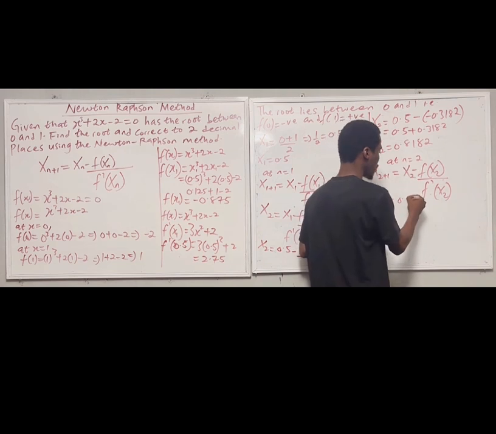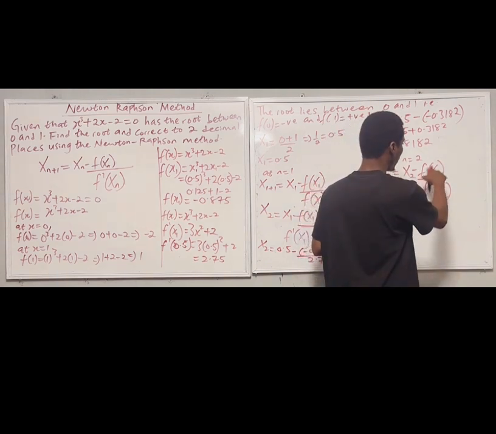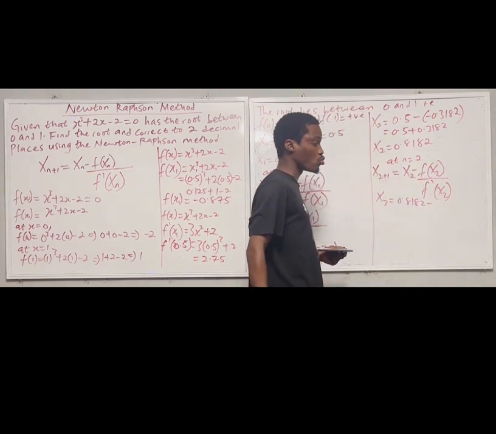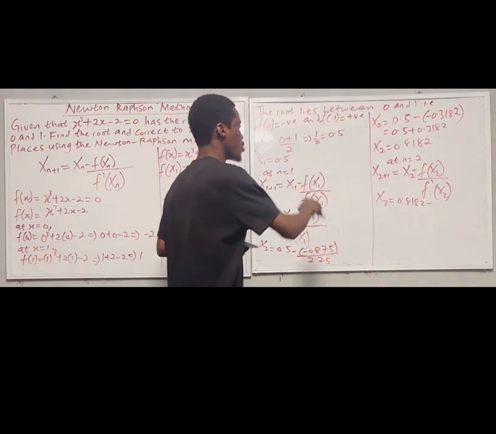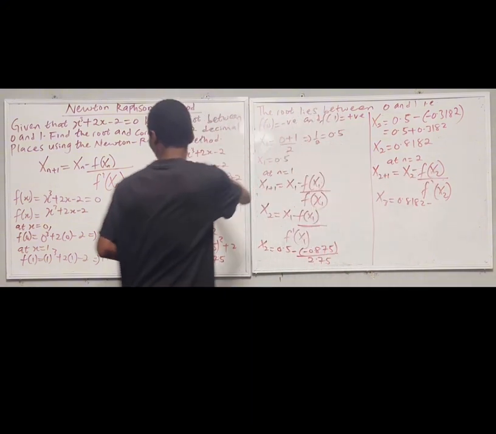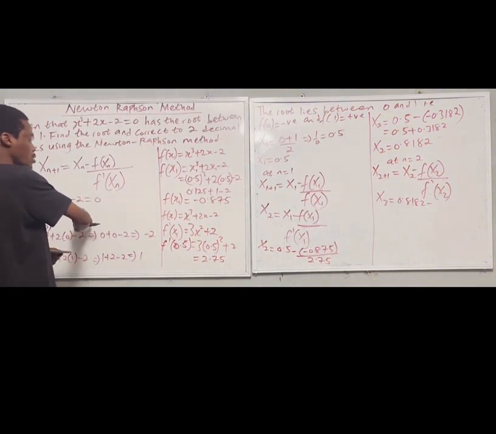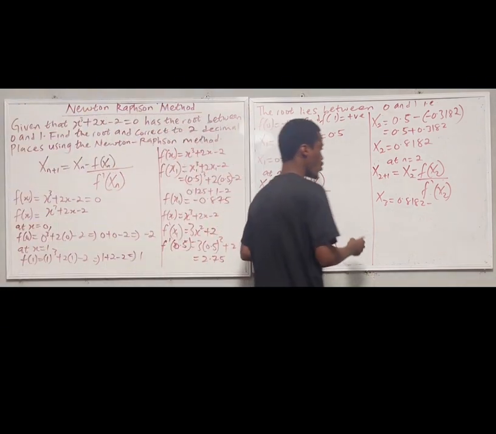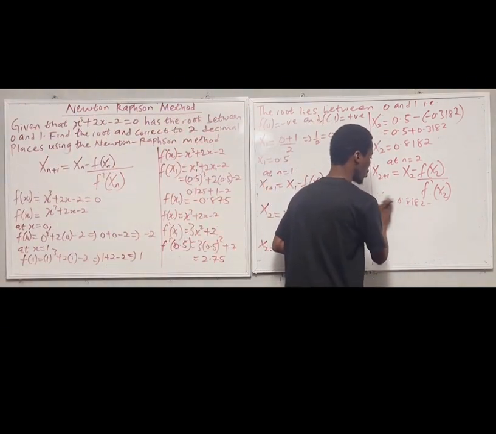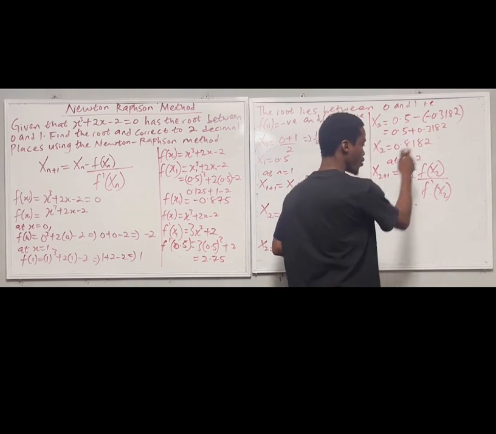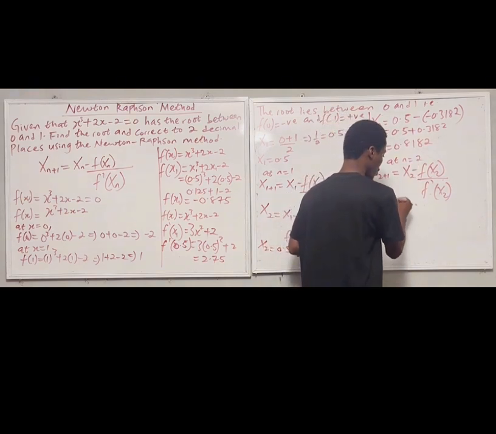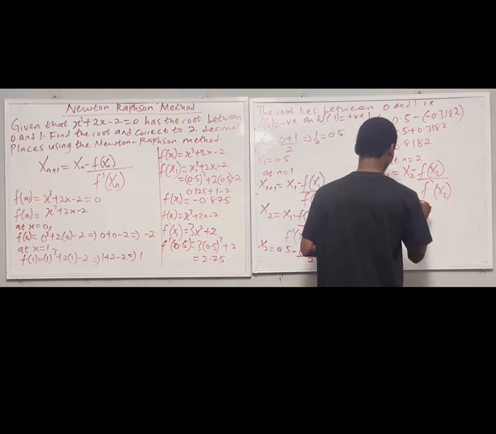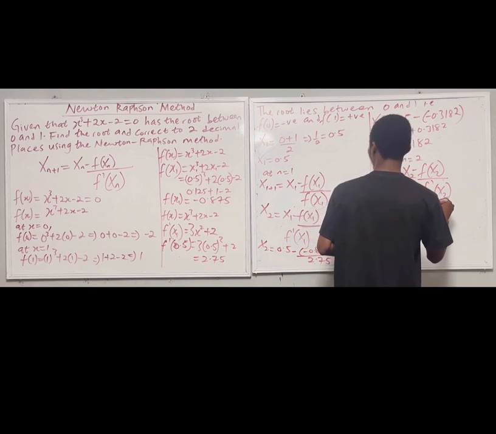So my S2 is 0.8182 minus f of S2. It means I have to solve f of S2. So for me to solve f of S2, I take S2 into this function. This is the function. My f of x here is x cubed plus 2x minus 2.